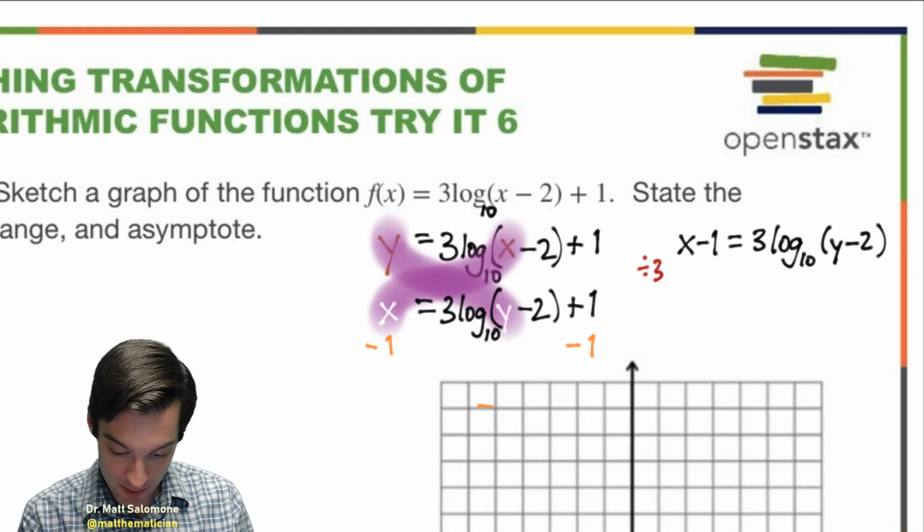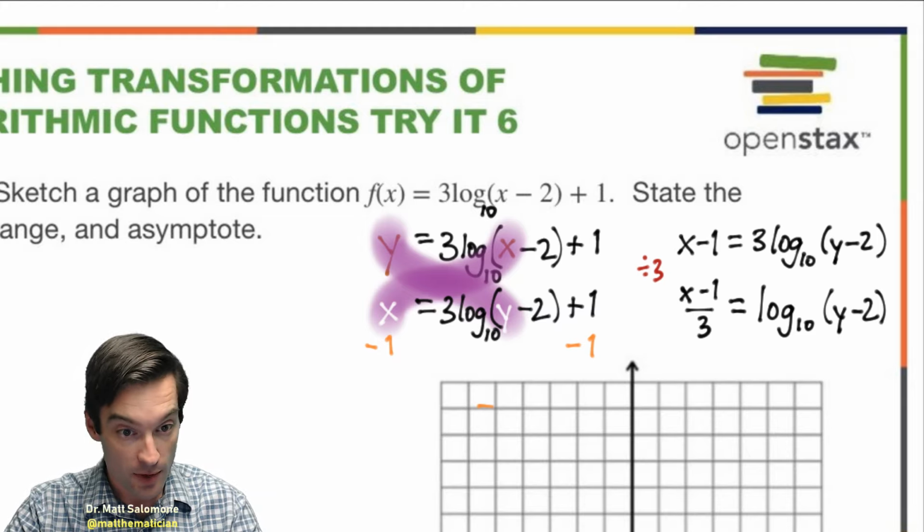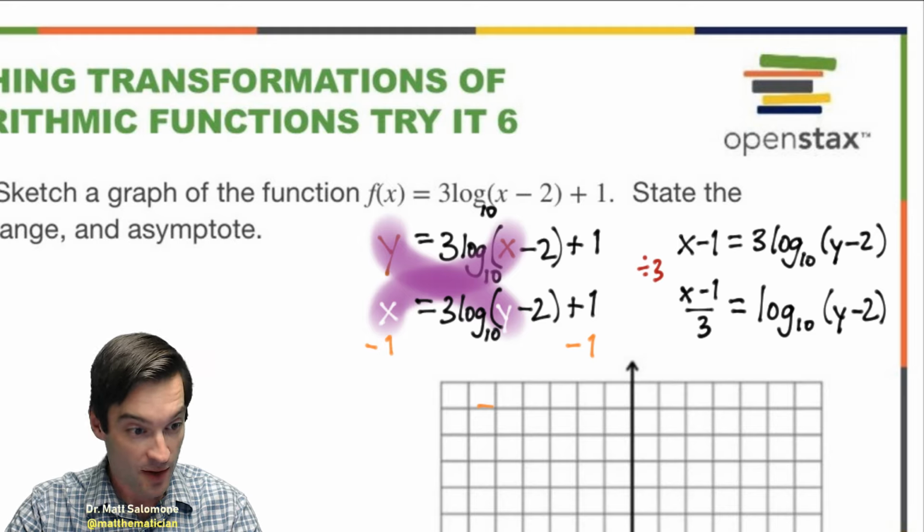If I divide by 3 on both sides, I'm going to get x minus 1 over 3 is equal to the base 10 log of y minus 2. And now I'm at a place where I've got that logarithm sitting by itself. So that logarithm has been isolated. That means we're in a good position to be able to rearrange it.